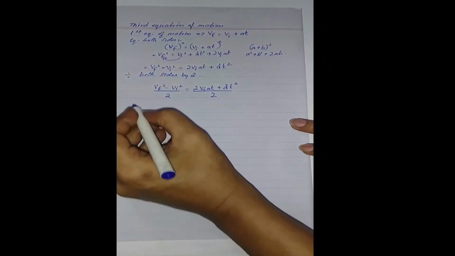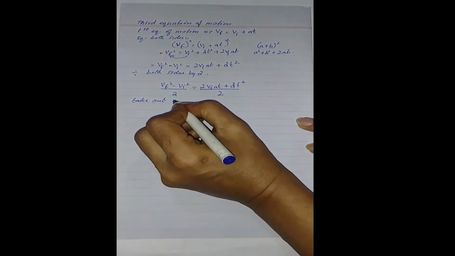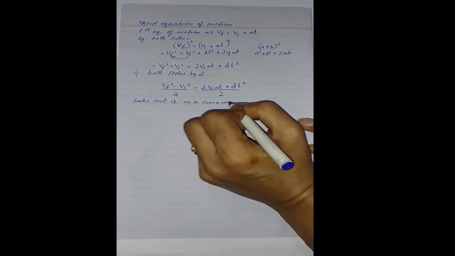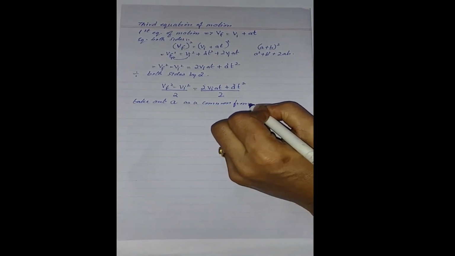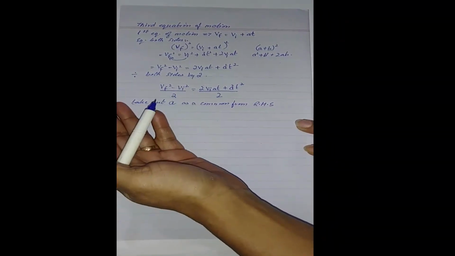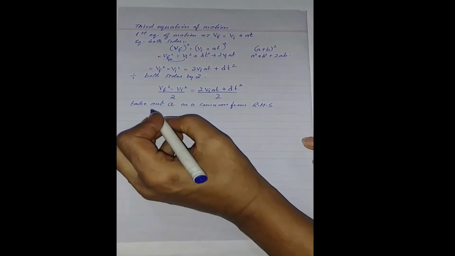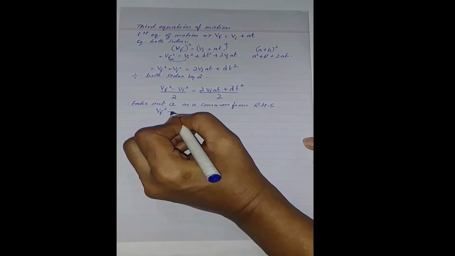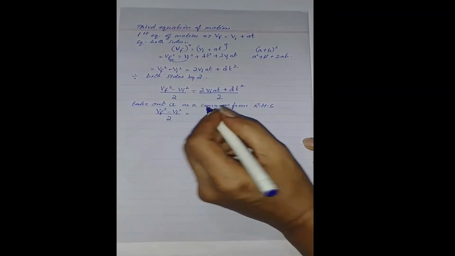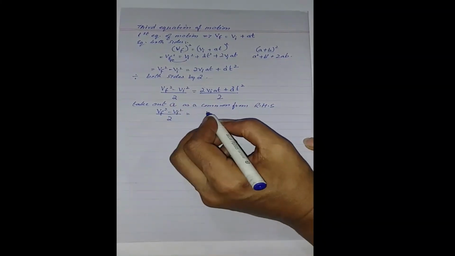Now we are going to take out a as a common from the right hand side. That one is the left hand side and this one is the right hand side of the equation. So it will remain the same: Vf square minus Vi square upon 2 is equal to, from this side we are going to take a as a common.